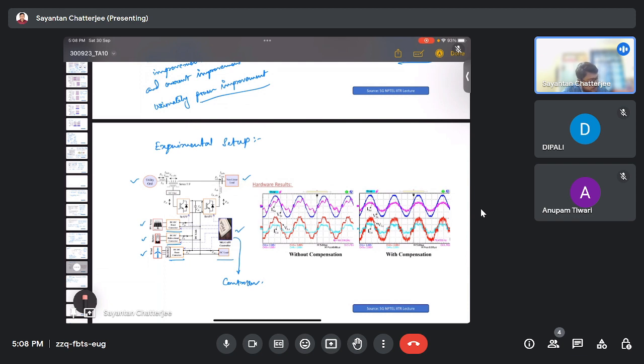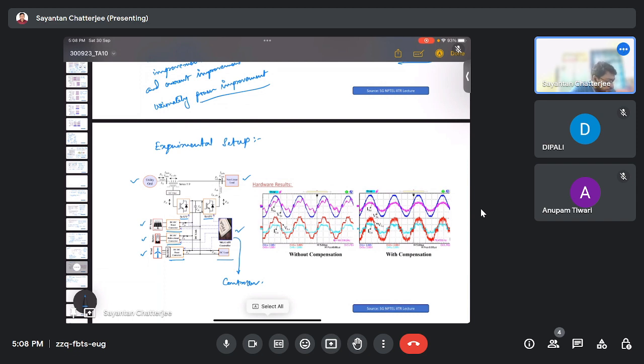Here the assessment has been done with compensation and without compensation. This is the shunt compensation unit and series compensation unit. Suppose this is the voltage waveform, the blue one, and this violet pink one is the current waveform.